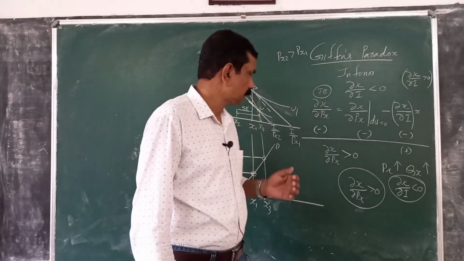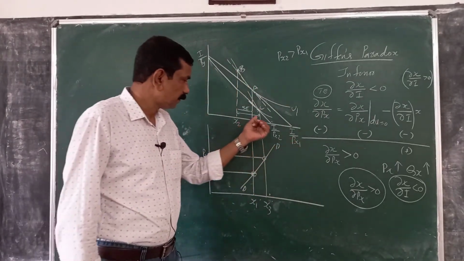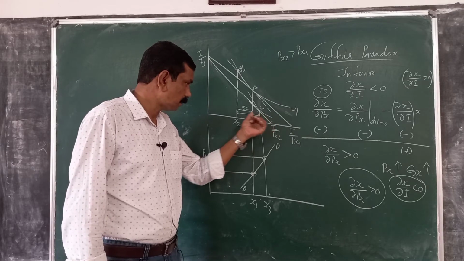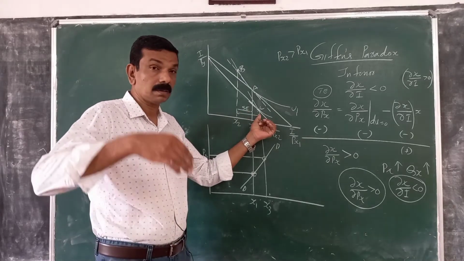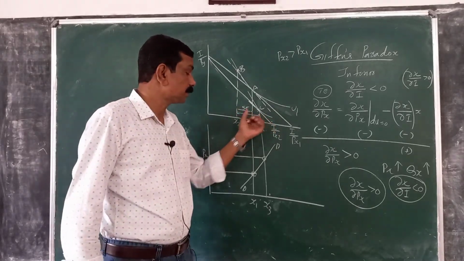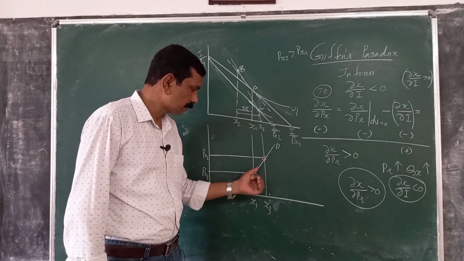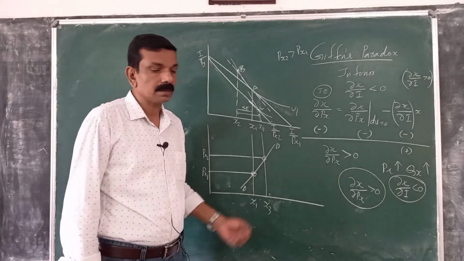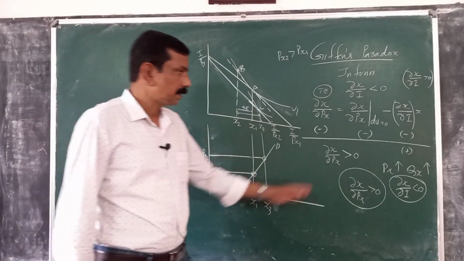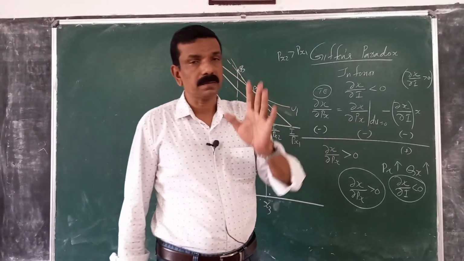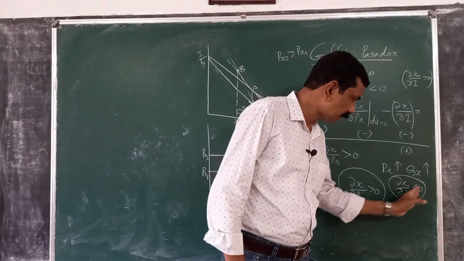And in the figure, the positive income effect completely offsets or dominates the negative substitution effect, so that as px increases, qx also increases. What I say is, potato is an inferior good. ∂x/∂y is less than 0.